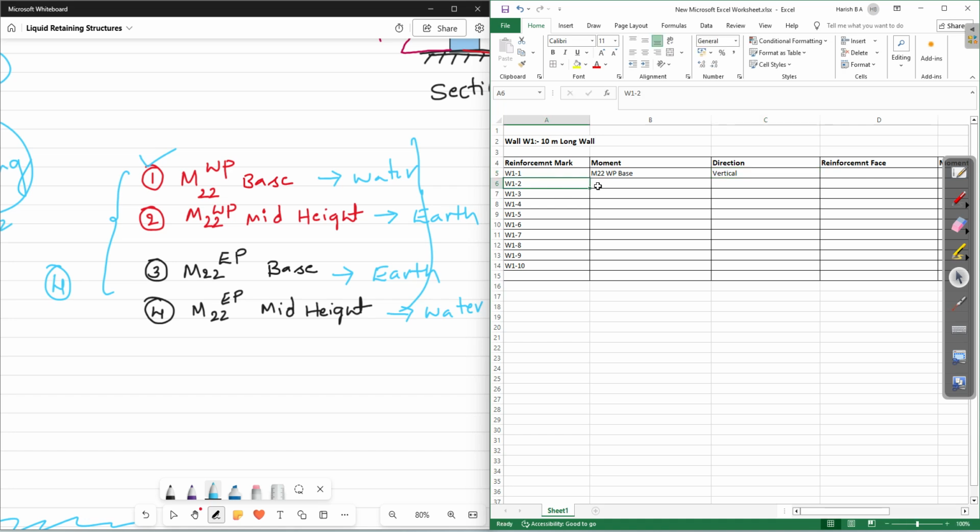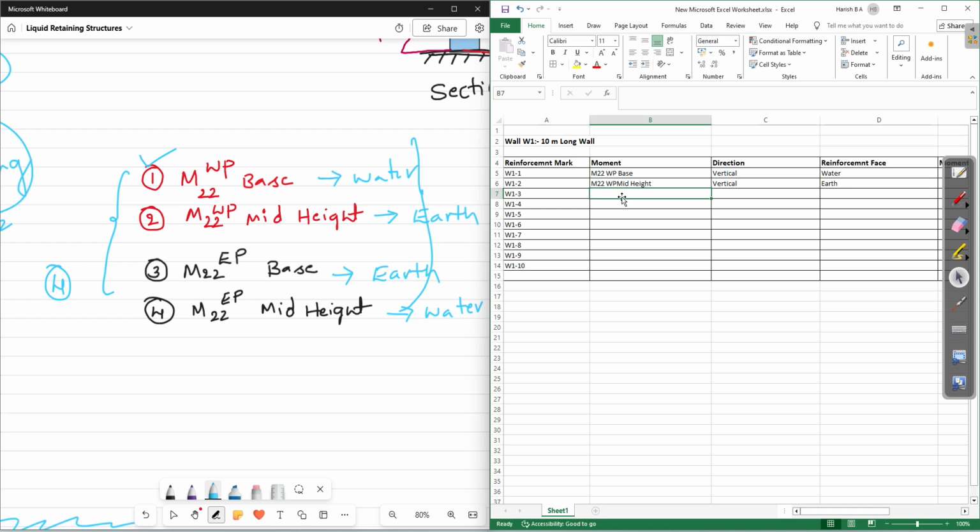Similarly, location 2 is M22 water pressure at mid height. Next direction vertical. Even I will write the reinforcement phase. So M22 water pressure base, so reinforcement will be on water phase. For this one, reinforcement will be on earth phase.